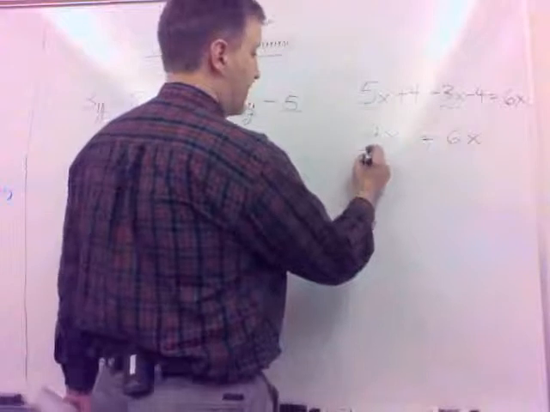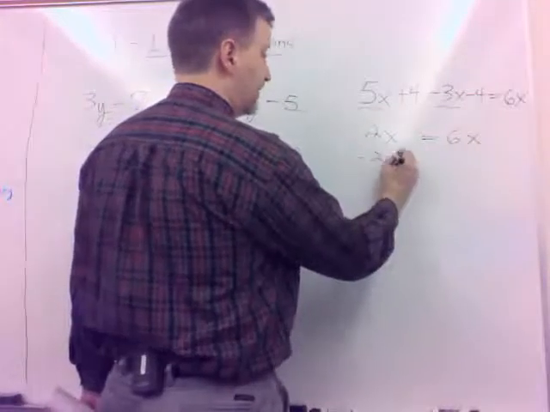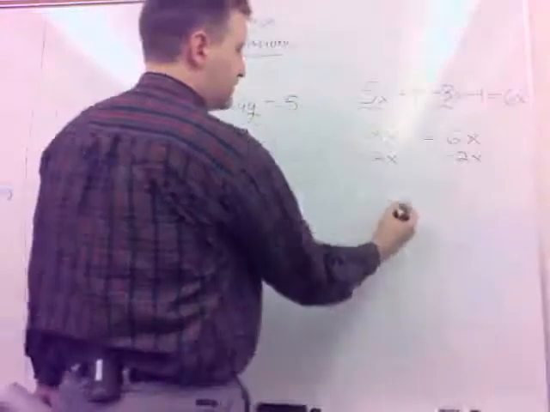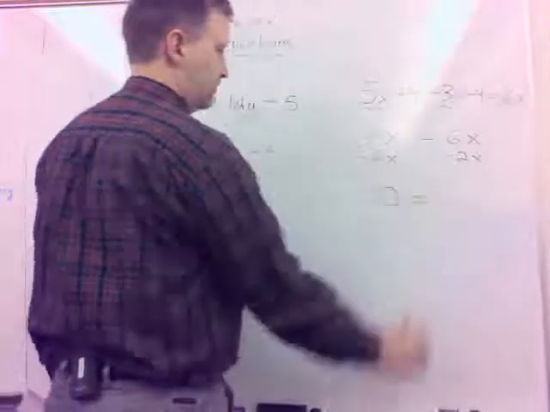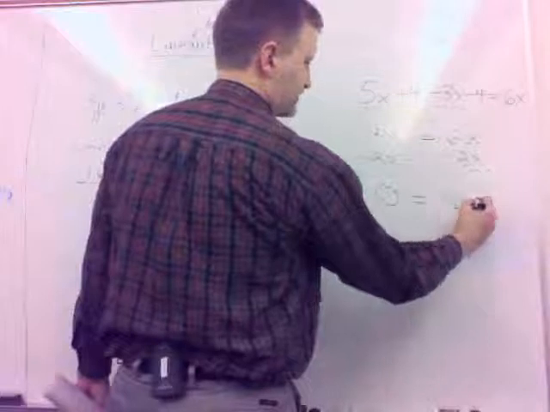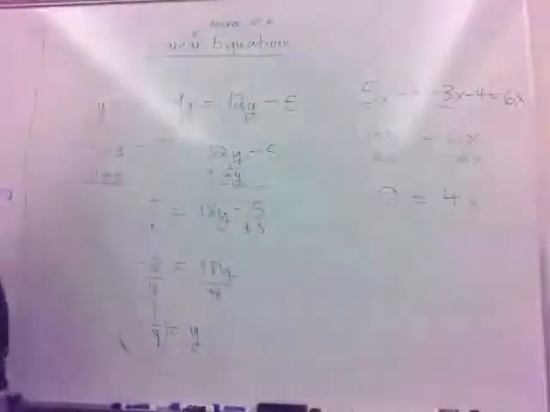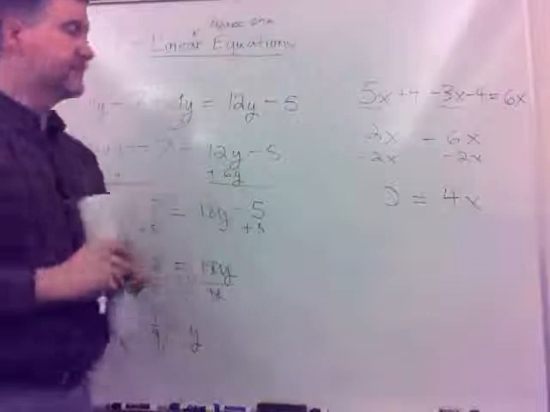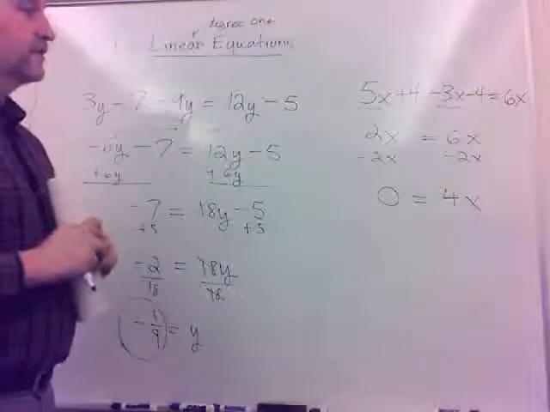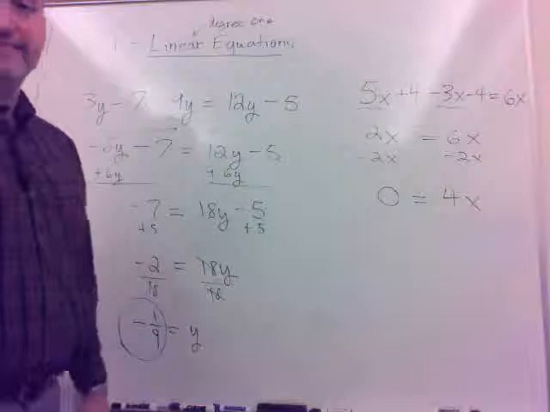So how do I do that? Well, I'm going to subtract. One way to do it is I'm going to subtract 2x from both sides. 2x minus 2x, well, this side will just be 0. 6x minus 2x gives me a 4x. So now I do have variables on the same side, combined up into one term, which is now 4x.